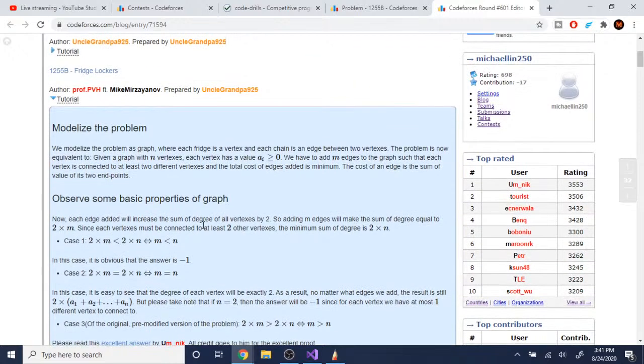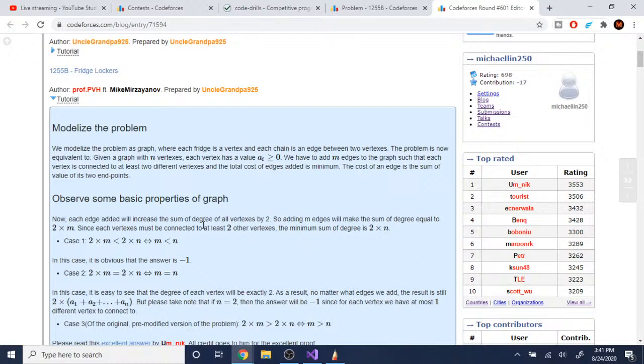We want to add m edges to the graph such that each vertex is connected to at least 2 different vertexes and the total cost of edges is minimum. The cost of an edge is the sum of value of its 2 endpoints. Observe some basic properties of graphs.